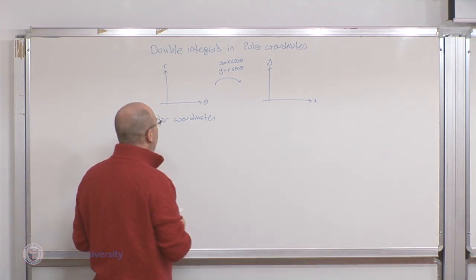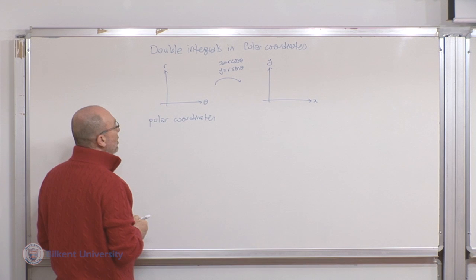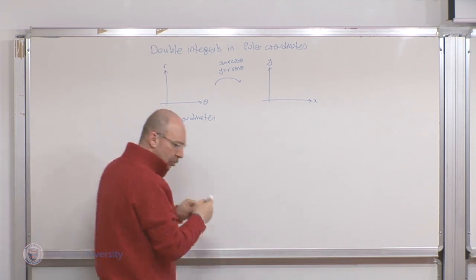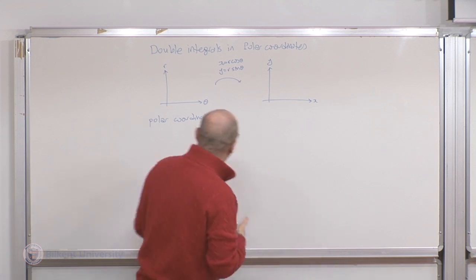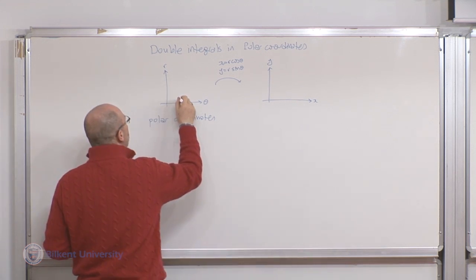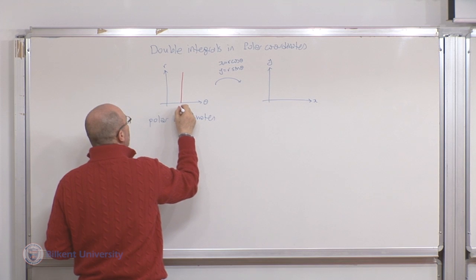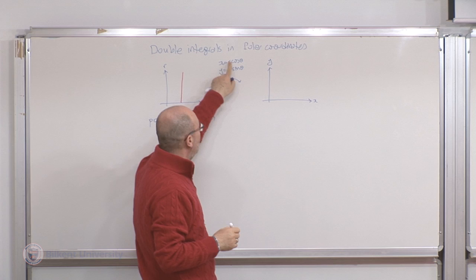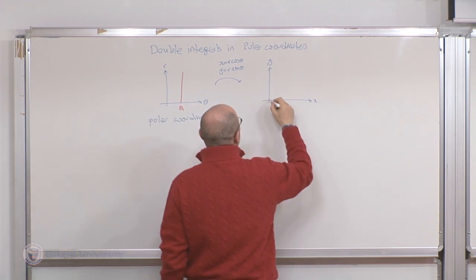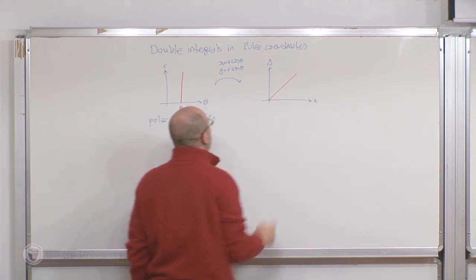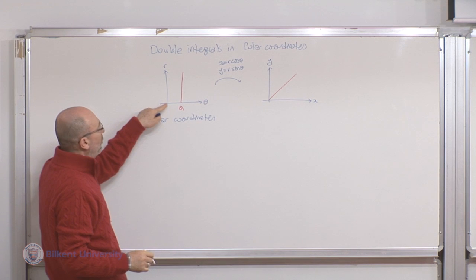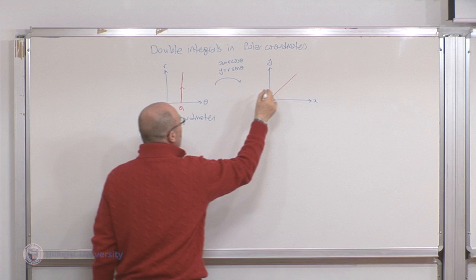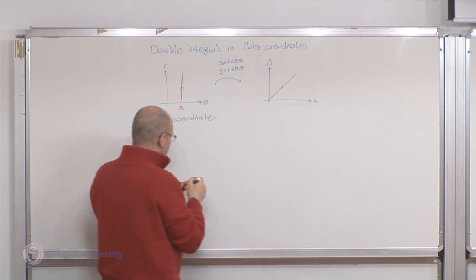So for example here, when theta is constant, suppose you take theta equals theta 1. So you send it over here, you see that thetas are constant, so it becomes something like this. We started from 0 here, so it goes like this.